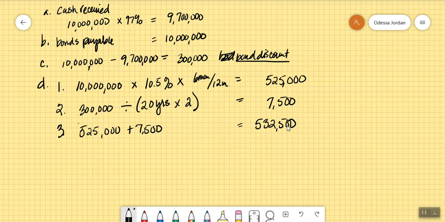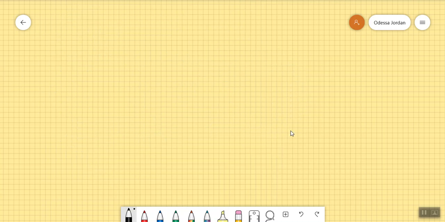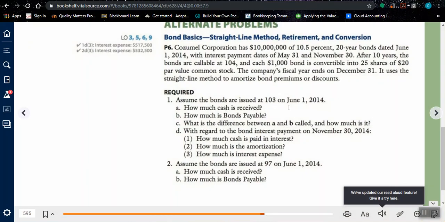So in the next portion of this exercise, we want to determine the cash that is necessary in order to retire the bond. So now we're talking about bond retirement. So we take the call amount, again, that's given here at 104%.